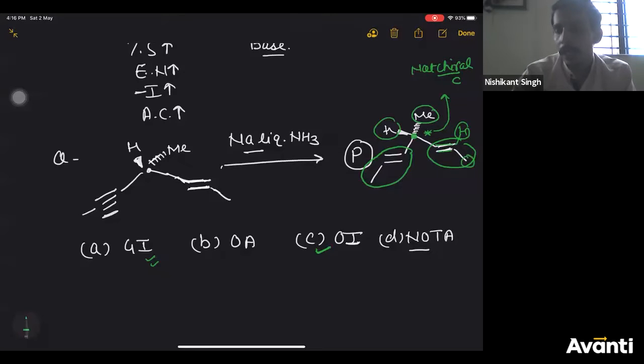So both options A and C are correct. But the irony here is that most of you voted for B, which is probably the only wrong option among A, B, C. So you're not just wrong, you're weirdly wrong.